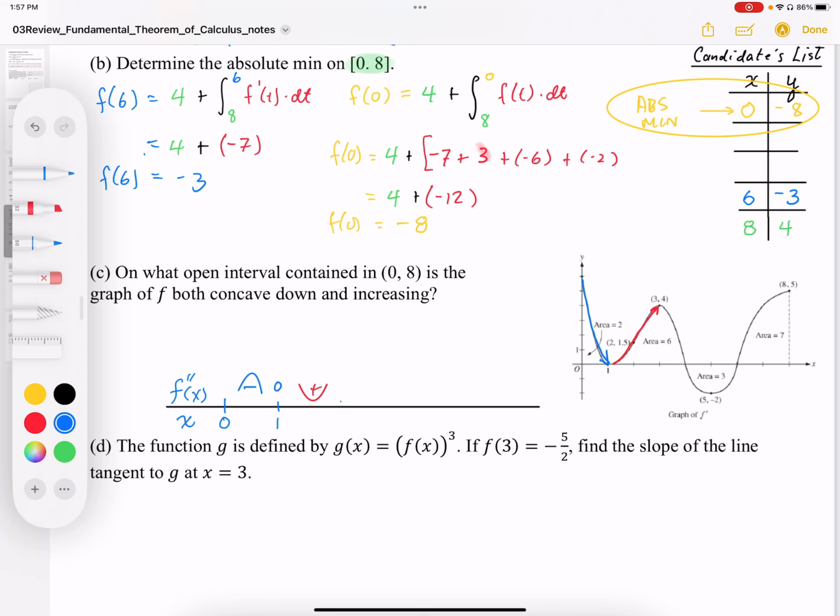So that's going to be from 1 to 3. And then from 3 all the way to 5, it's going to be sloping down. Again, that's negative concavity.